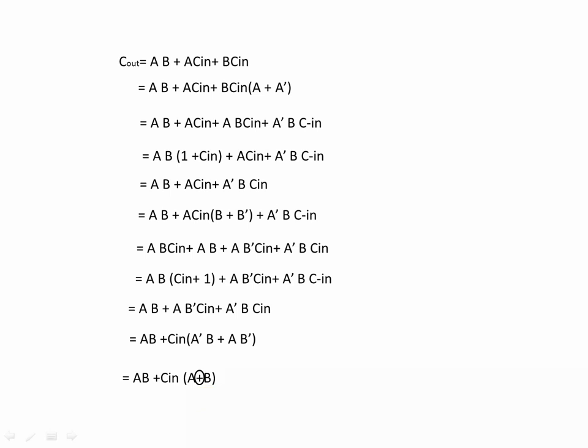Here A exclusive OR B can be realized by using one half adder. The sum output of the half adder is A exclusive OR B, and AB is the carry out of the half adder. So by using that half adder, we can realize AB and A exclusive OR B into Cin.